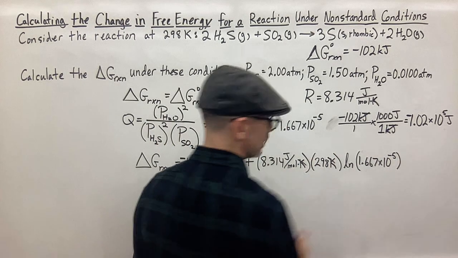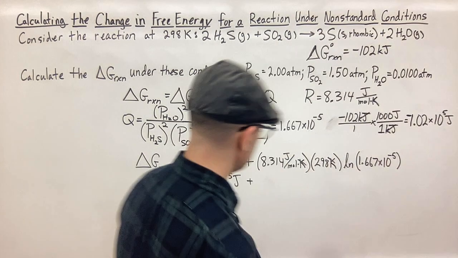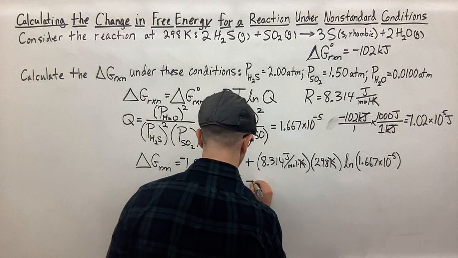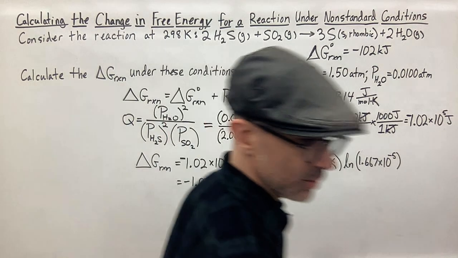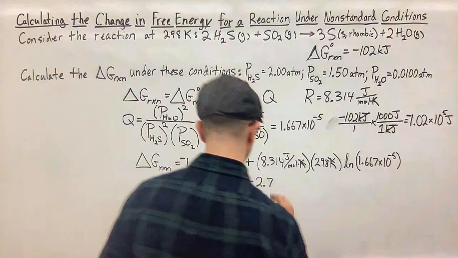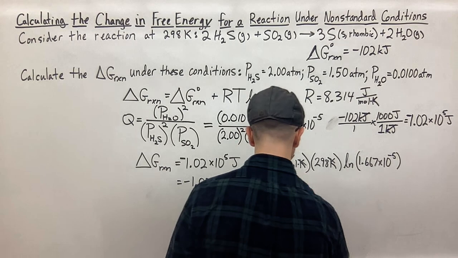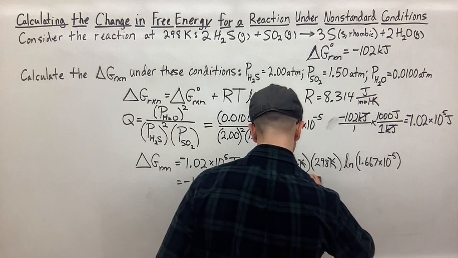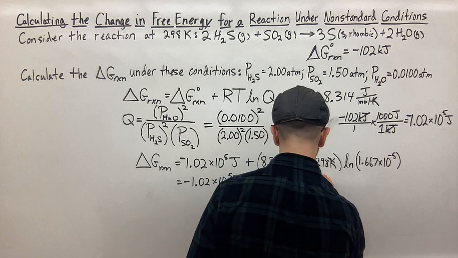When we calculate this, we get negative 2.7258 joules. Oops, forgot the times 10. Times 10 to the 4th.